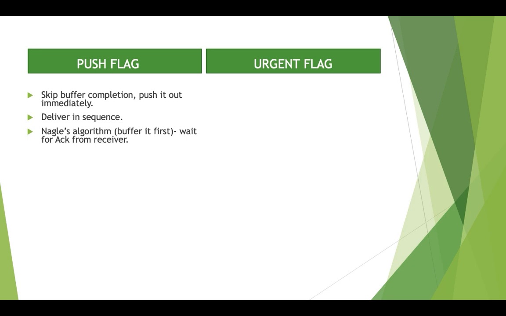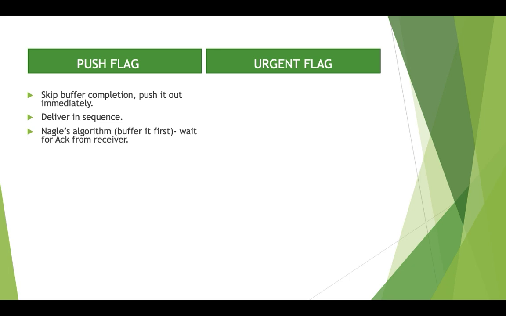Now push flag works opposite to it. Push flag says no, I don't need to do that. If it is important, like in case of telnet, when we do telnet, we put one or two keystrokes as part of a command, anything that we need to run. We don't wait for any sort of completion or complete data.